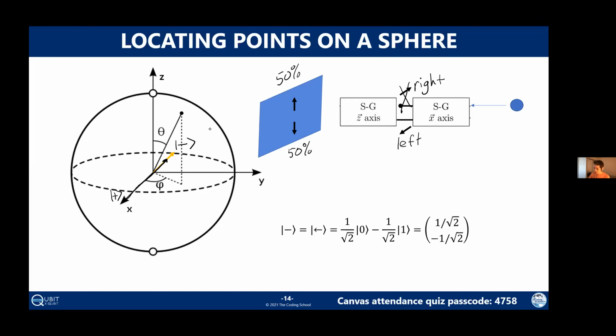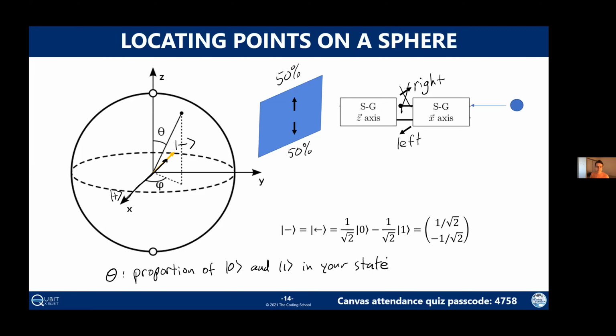Now, this is the first point I want to make about how you can interpret theta and phi. Theta kind of gives you a representation of the proportion of 0 and 1. All I mean by that is when you're looking at a quantum state, are you in a 50-50 superposition of 0 and 1?